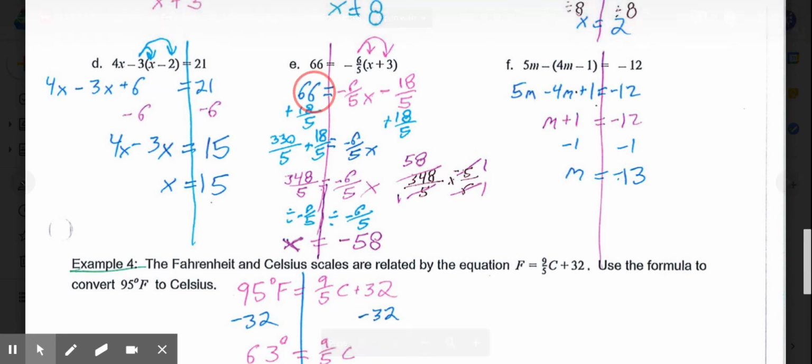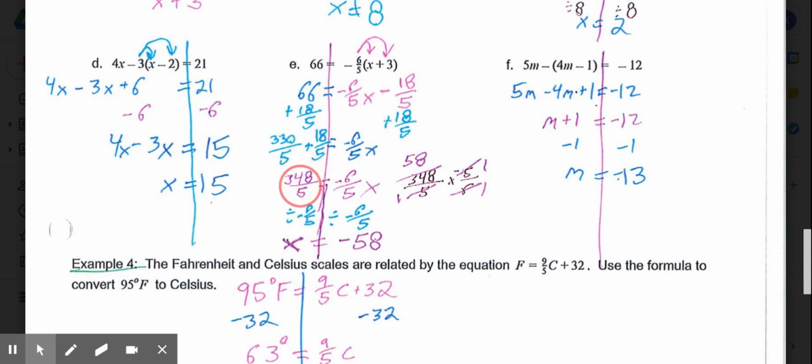So the 66, I need to have a common denominator with the 18/5. So I rewrote the 66 over 1 as over 5. So I multiply the top by 5. 66 times 5 is 330. So the 66 becomes 330 over 5 plus 18 over 5.